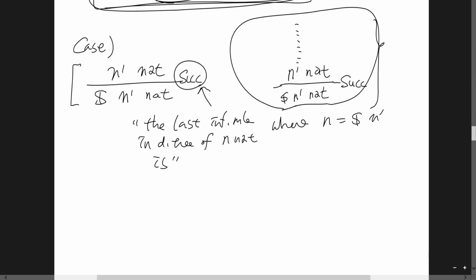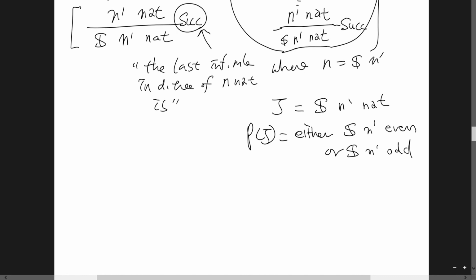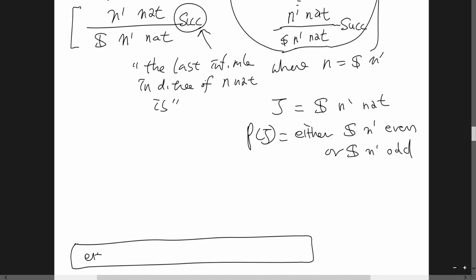Now we have J. J is basically successor n prime net, and P of J is basically either successor n prime even or successor n prime odd. So the final conclusion that we have to draw here is either successor n prime even or successor n prime odd, this one.